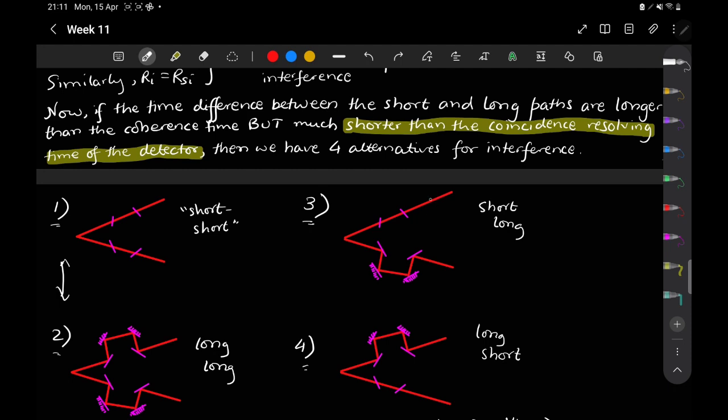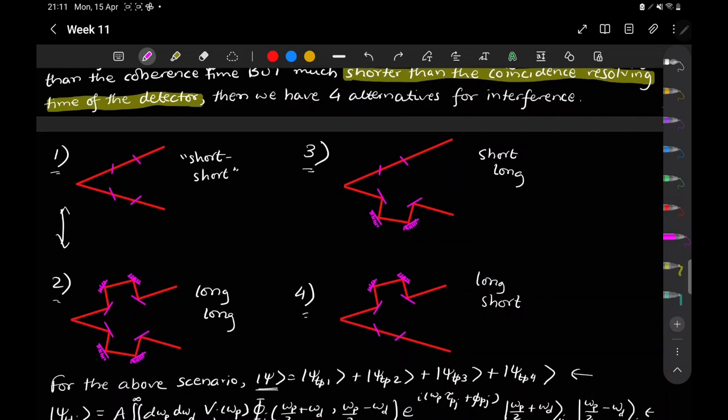The detector is not able to distinguish between the time taken by this short path and the time taken by this long path. For the detector, it is the same value. The resolution is not that great. As a result, all these four alternatives will contribute to the coincidence count. That's why we have taken here four alternatives.